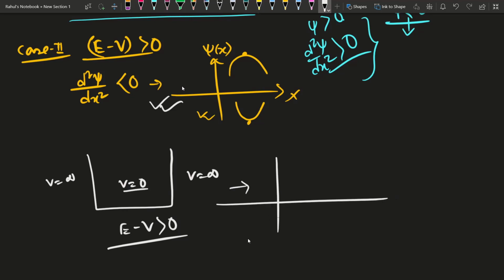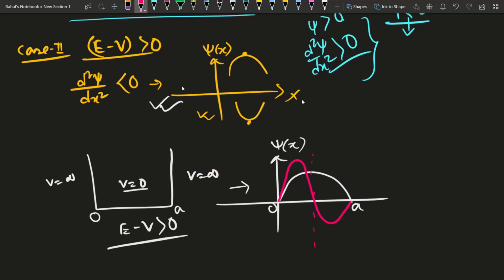Using our previous knowledge of the square well potential, suppose this is 0, this is a, the ground state wave function looks like this, psi of x looks like this, and the first excited state will look like this.